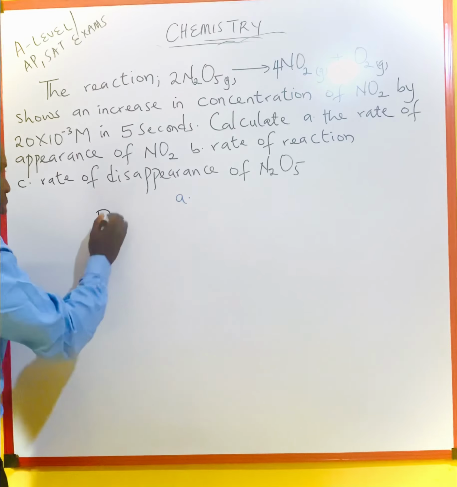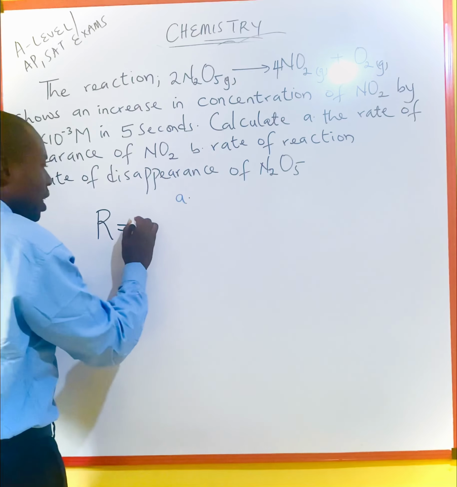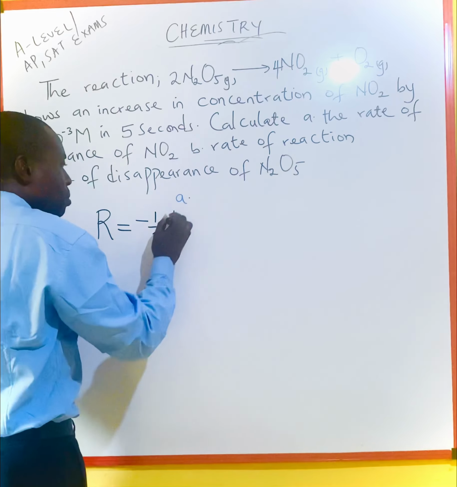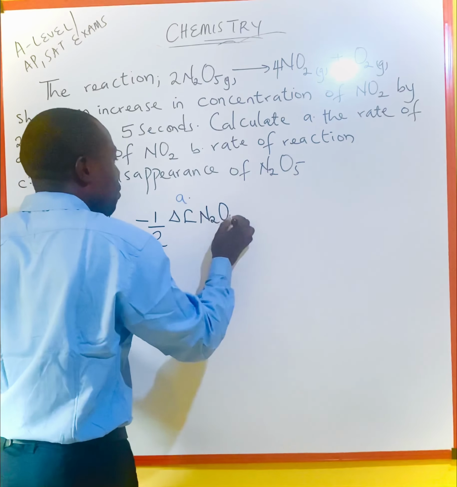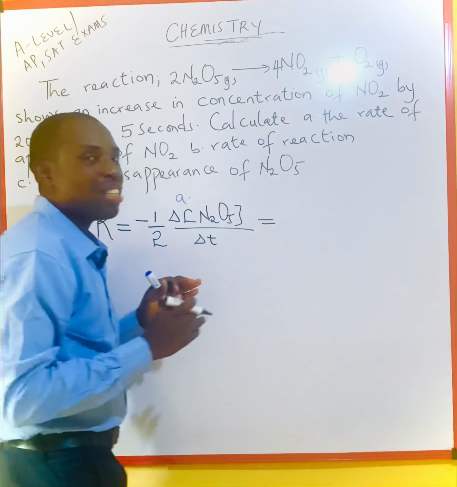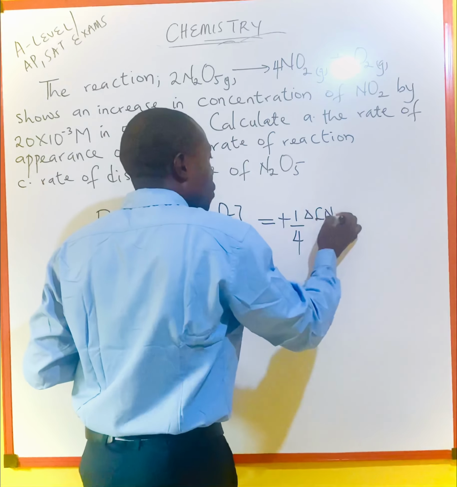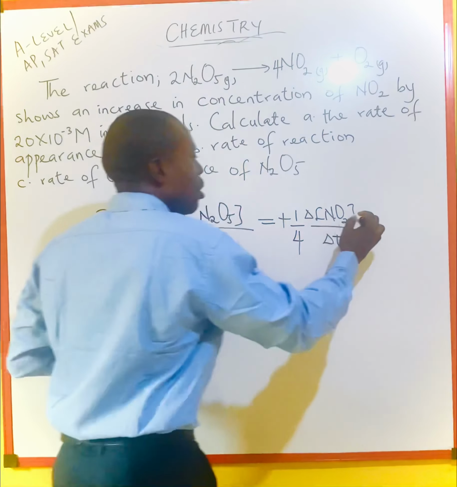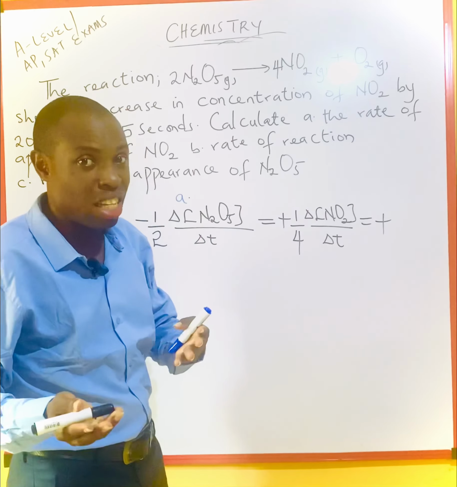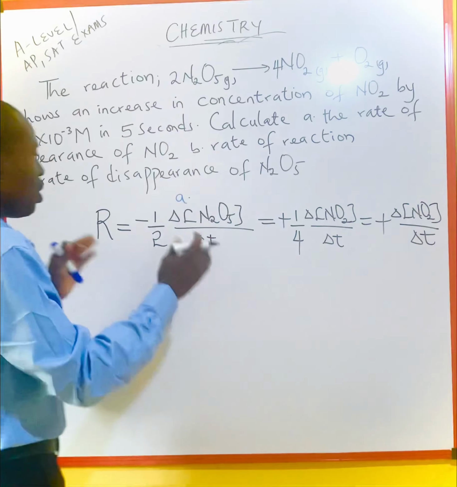From our previous video, we know that because N2O5 is the reactant, it takes a negative sign, and the coefficient of N2O5, which is 2, gives 1 over 2 change in the concentration of N2O5 over change in T. NO2 and O2 are found in the product, so it will be positive 1 over 4 change in the concentration of NO2 over change in T, equal to plus change in O2 over change in T, since the coefficient of oxygen is 1 and there's no need to say 1 over 1. This is the rate of the reaction.